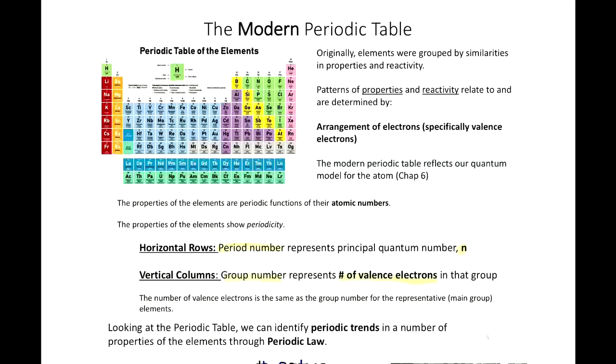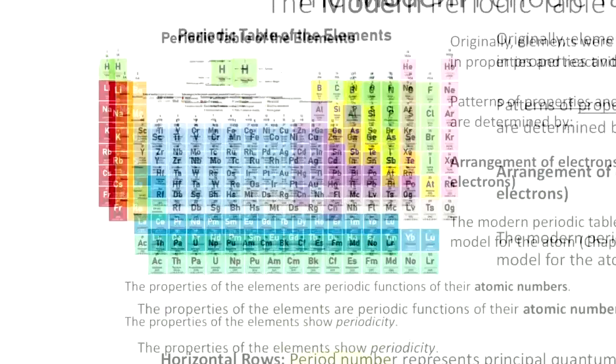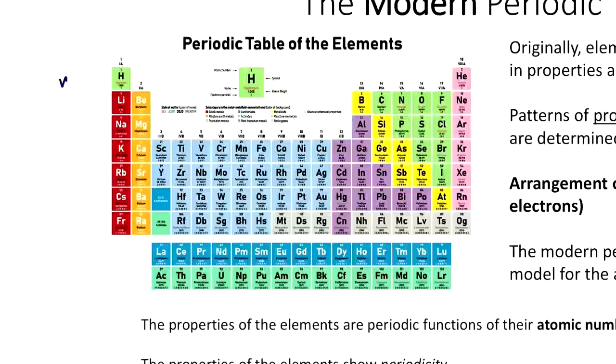As we're working on electron configurations, we know that hydrogen is n equals 1, so that starts our 1s subshell. Lithium starts 2, 2s, and 3, 4, etc. So these periods are not just horizontal rows, they actually represent the n quantum number as well.